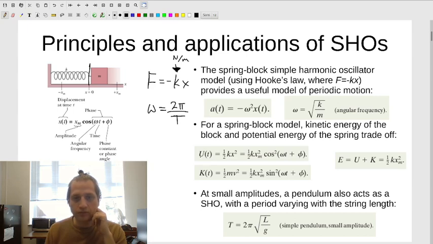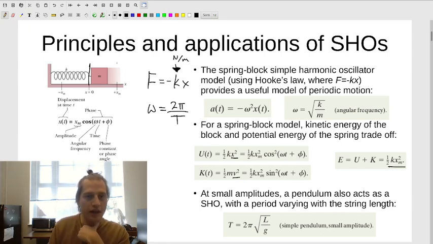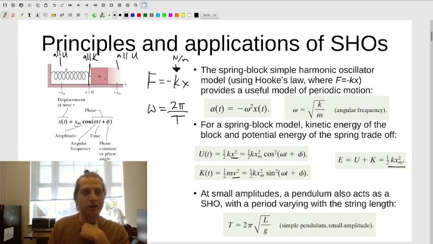Your potential energy is related to your position, your kinetic energy is related to your velocity. If you add these two together, you get a constant. So the energy is always trading off, such that at the end points you have all potential energy, and in the middle you have all kinetic energy. And then in these in-between periods, you have some combination of the two.